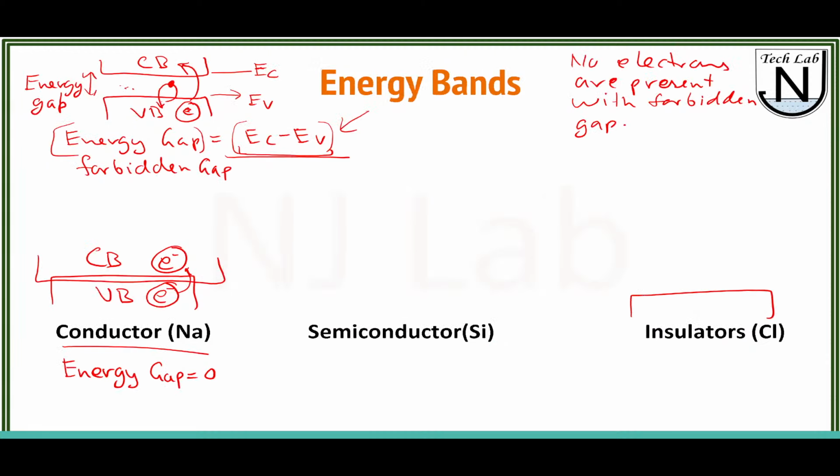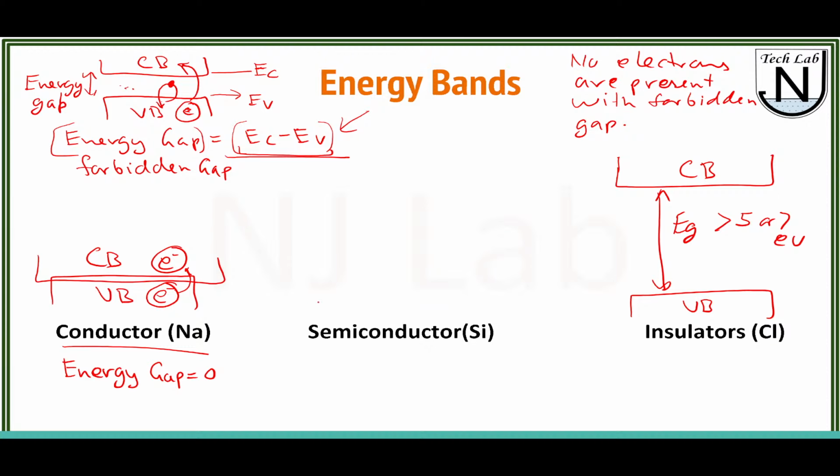It means the energy gap between the valence band and the conduction band is too high, typically in the range of 5 or 7 electron volts, and that is too high, right? So it is quite difficult, like we have insulation breakdown, to detach these electrons from the nucleus and move them to the conduction band.